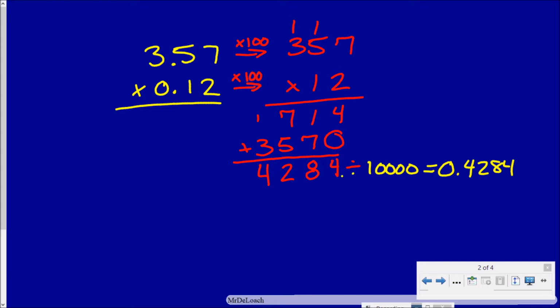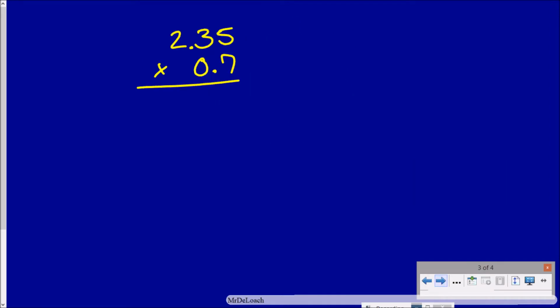And I can very well show that decimal moving 4 places to the left. So our final answer is, I didn't say it correctly earlier, it is 4,284 10,000ths.